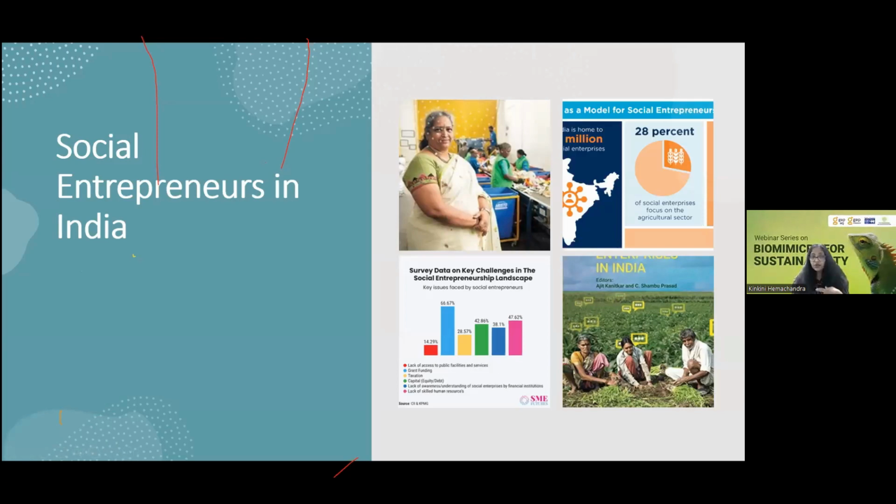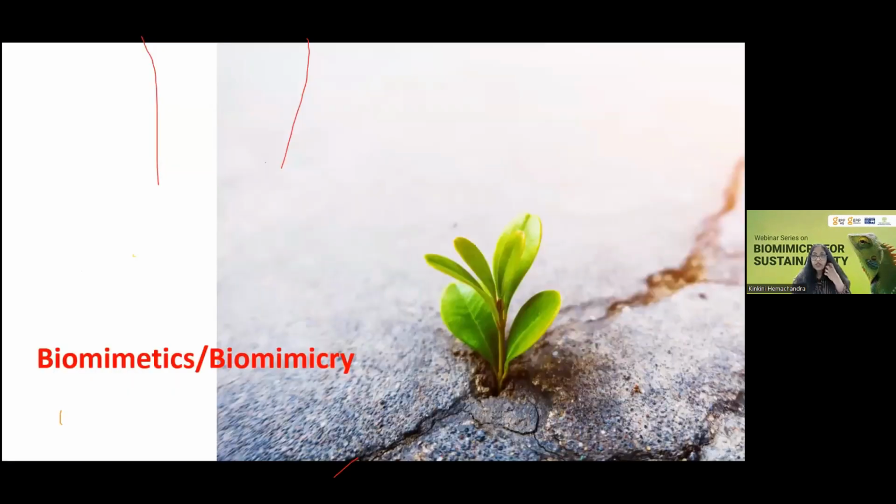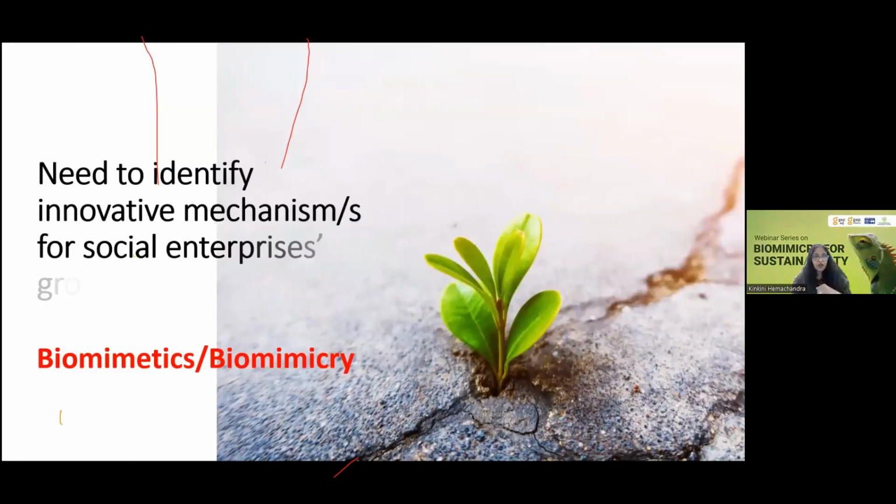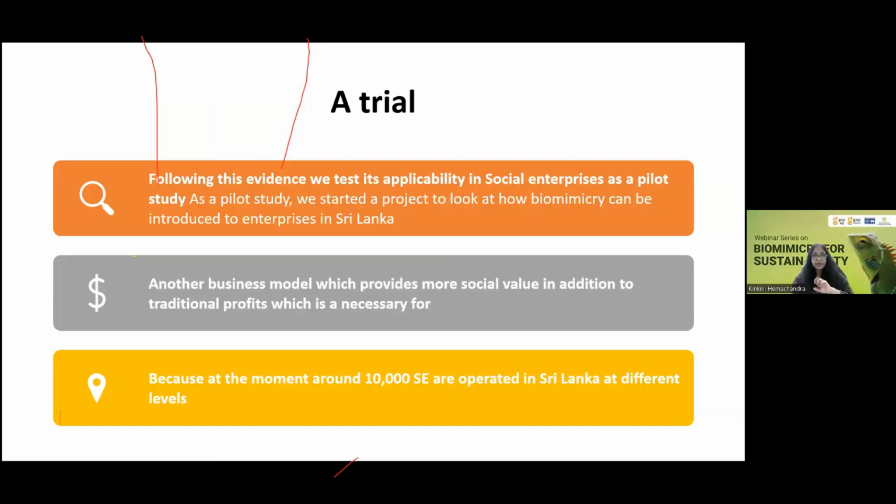So we'll try to help these communities. That is how we are trying to identify the innovative mechanisms that we can bring from the biomimicry concept into social entrepreneurs' growth and resilience.